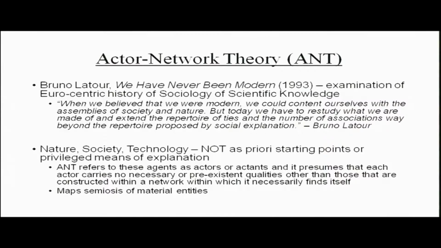So, from the actor network theory, we see that nature, society and technology are seen not as a priori starting points or privileged means of explanation. The actor network theory refers to these agents as actors or actants, and it presumes that each actor carries no necessary or pre-existing qualities other than those that are constructed within a network within which it necessarily finds itself.